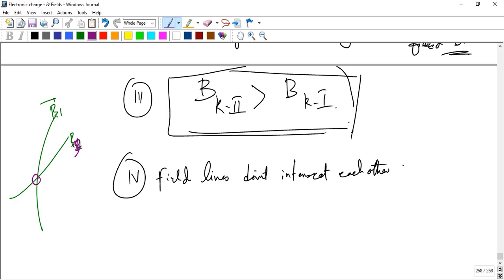Then you get two tangents at the same point, which is not possible here.